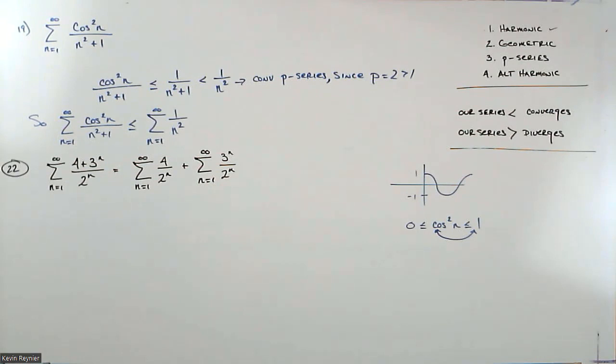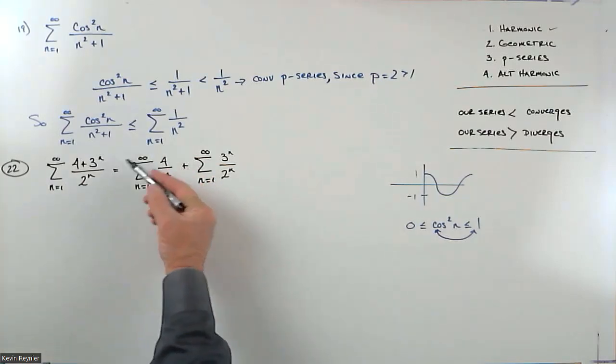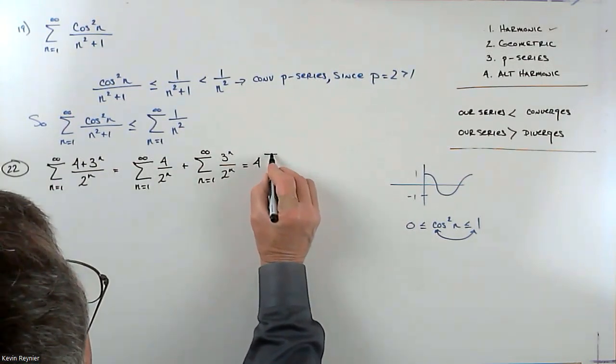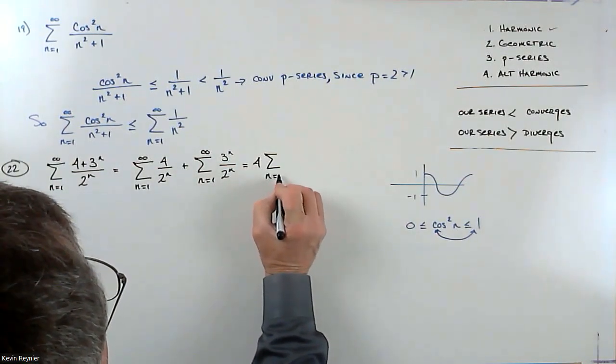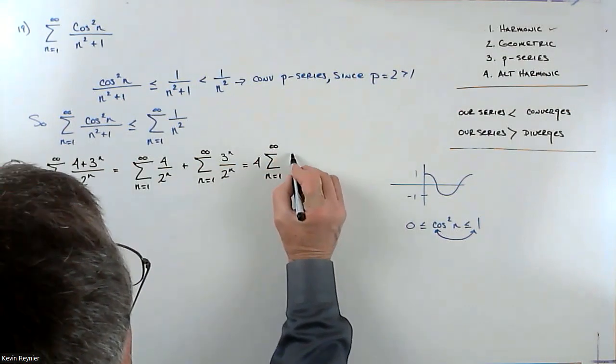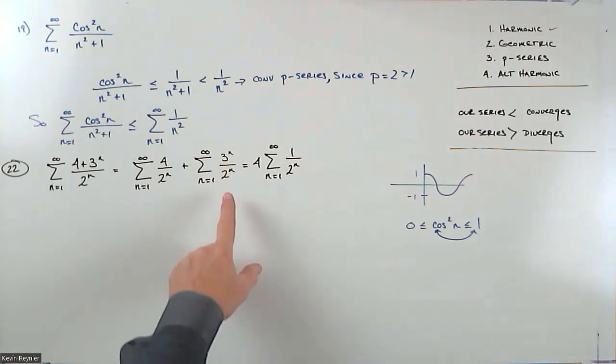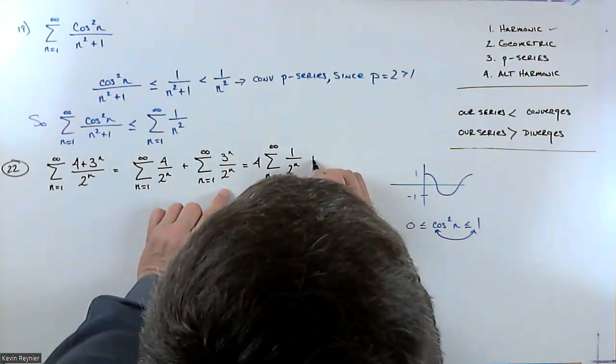Well, we can do that. Can we bring this 4 out front? Yeah, we can do that. This, right? This is really this, isn't it?